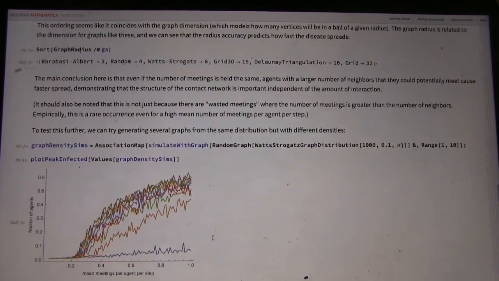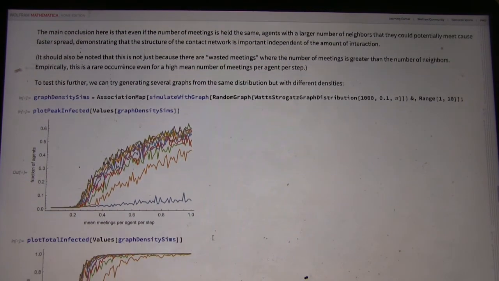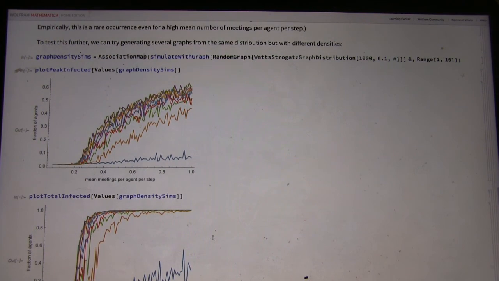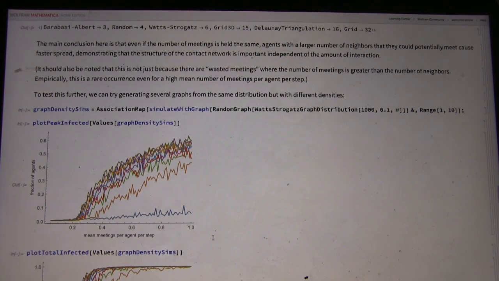I think this graph has to do with the density. I'm not actually too sure what's being graphed, but I think it relates to the density of how many people meet with how many other people.